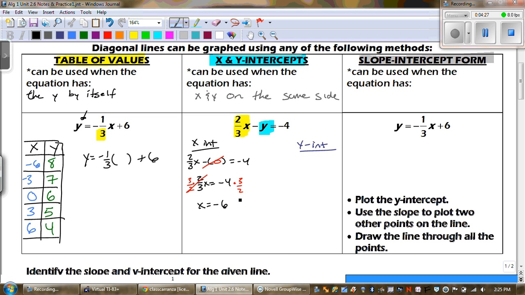And remember, negative 6 is not our answer. Intercepts, remember what the PT stands for? It stands for point. My answer is the point negative 6, 0. And that's just one of them because I need to know what the y-intercept is too.